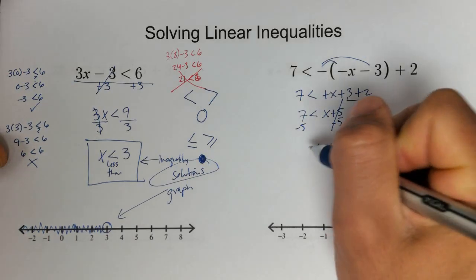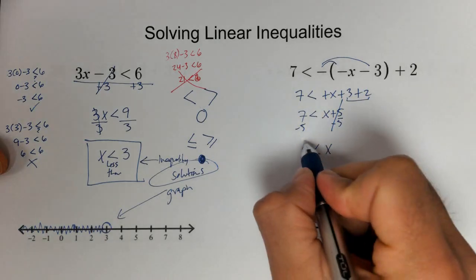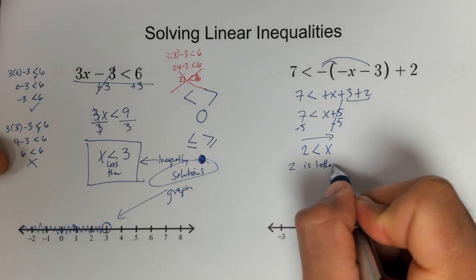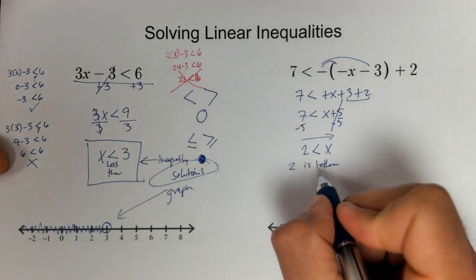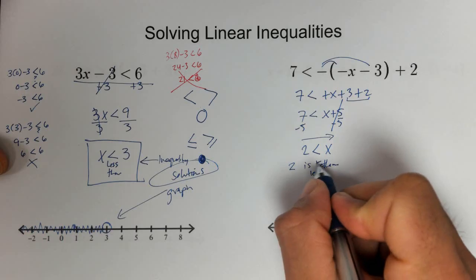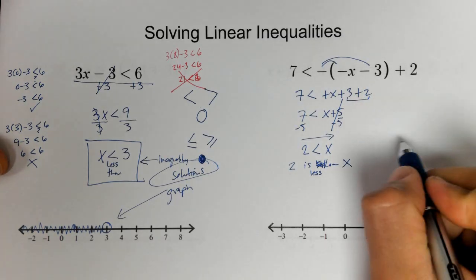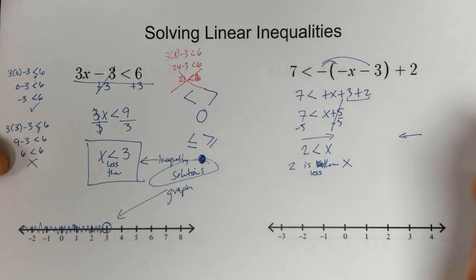That gives x and 2. Now, how do I read this? From left to right, this says 2 is less than x. What's another way to say this? If I read it from right to left, what I'm really saying is x is greater than 2.